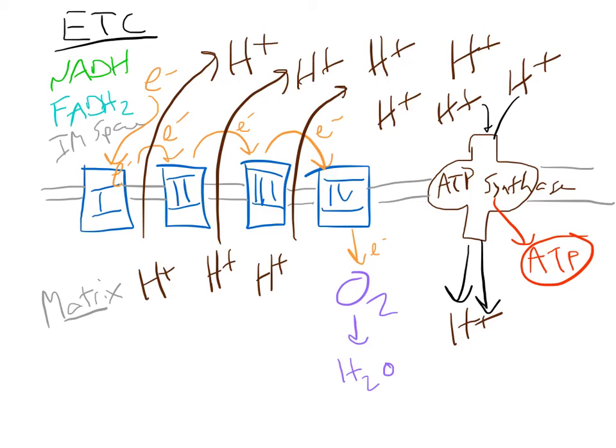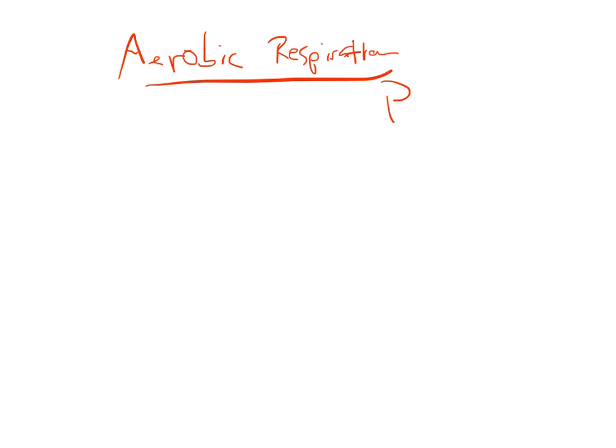Now how much? Right? Remember that 1 NADH is going to be able to give us 3 ATP, and 1 FADH2 is going to be able to give us 2 ATP. So let's take a look at one last slide and total all this up. For aerobic respiration, we are going to get per glucose 2 ATP from glycolysis.